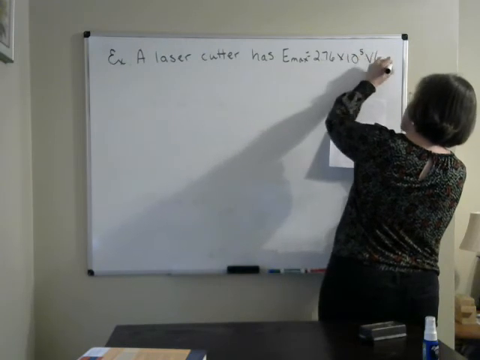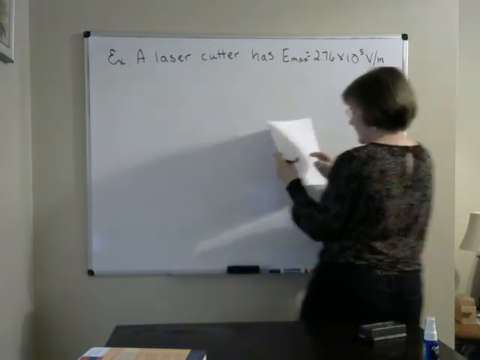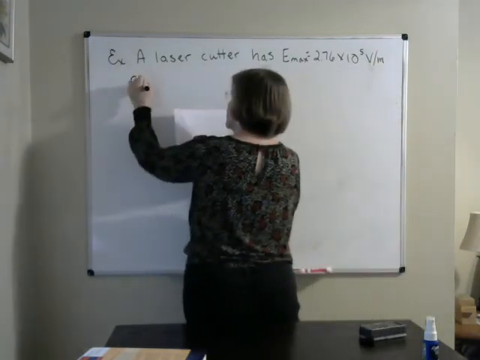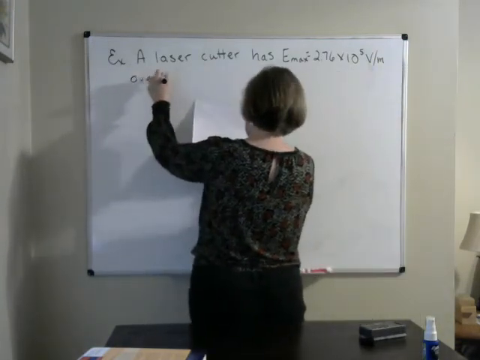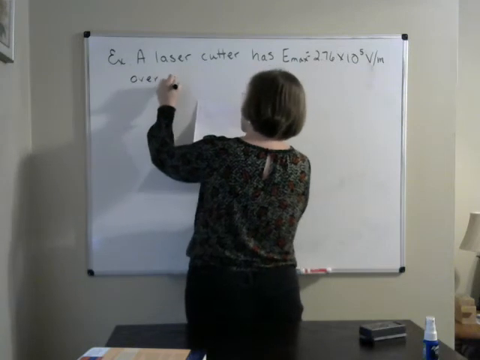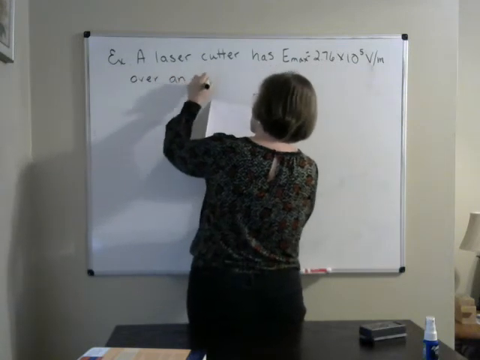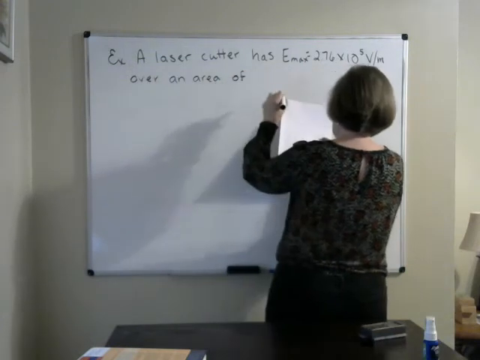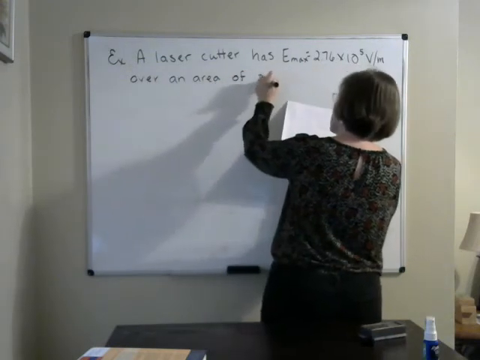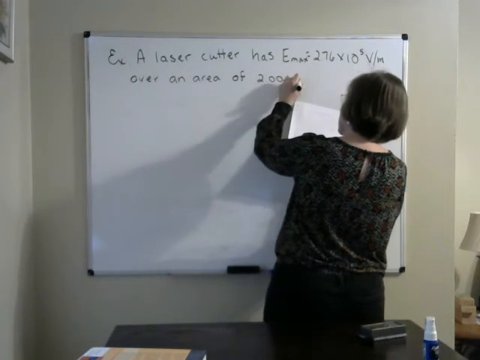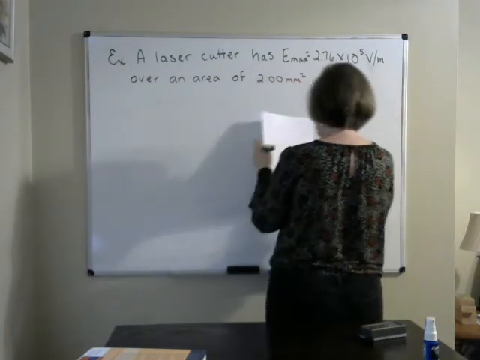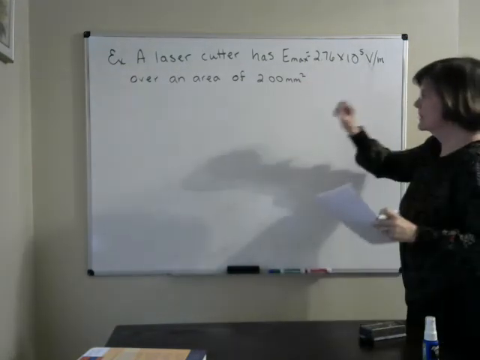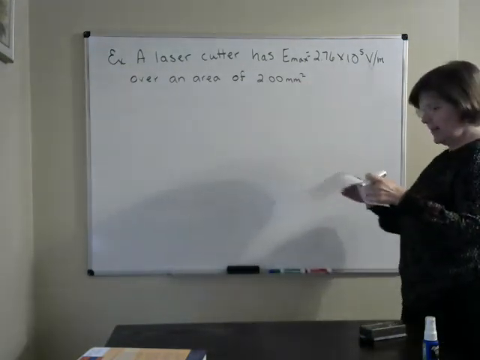That's the maximum electric field over an area of 2.00 square millimeters. So over this very small point, like a laser point, a small dot where that laser has that power.